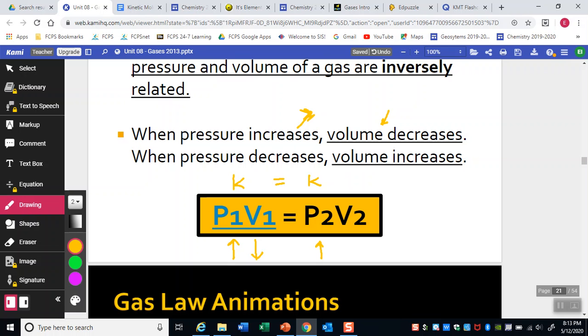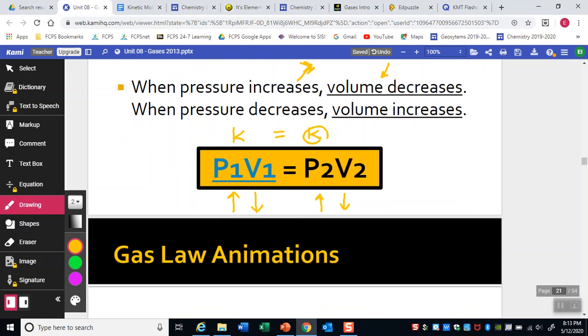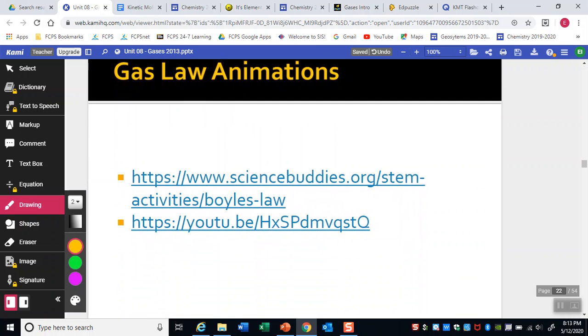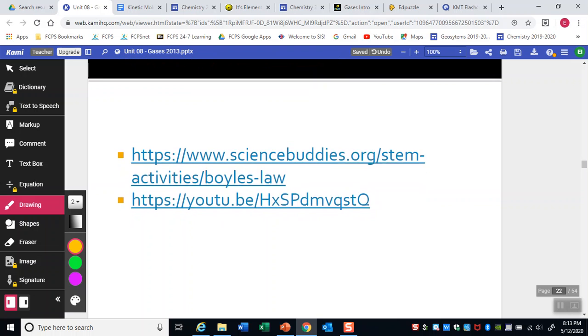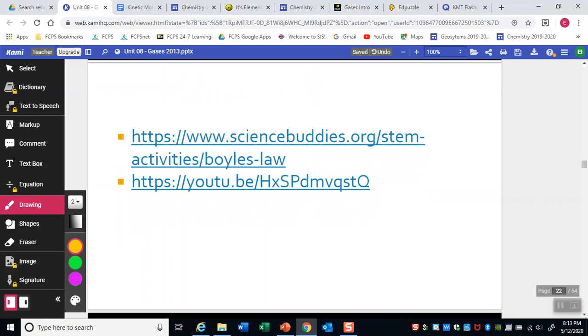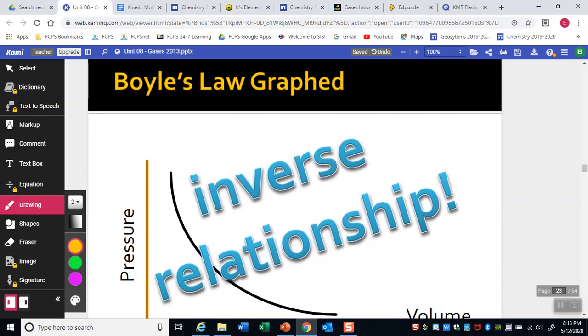All right, if you increase the pressure, you're going to decrease the volume. That's how you keep this constant. That's how you keep this as the same number. All right, so let's look at that in action. Actually, we're just going to practice problems here. You can do that on your own.